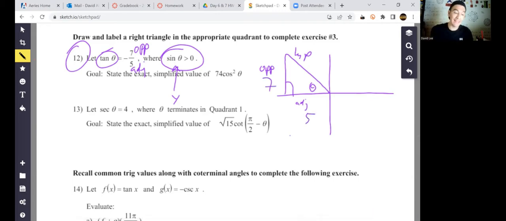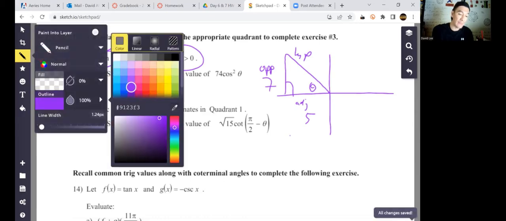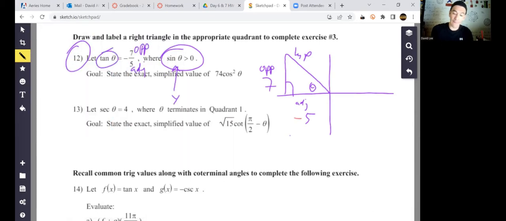But hold up, it's not just a regular 5, it should be a negative 5, because we moved, whoosh, to the left. And then go Pythagorean theorem. I have my calculator here next to me. If you go Pythagorean theorem, you'll get the square root of 74. So the hypotenuse, which is always positive, gives us the square root of 74.